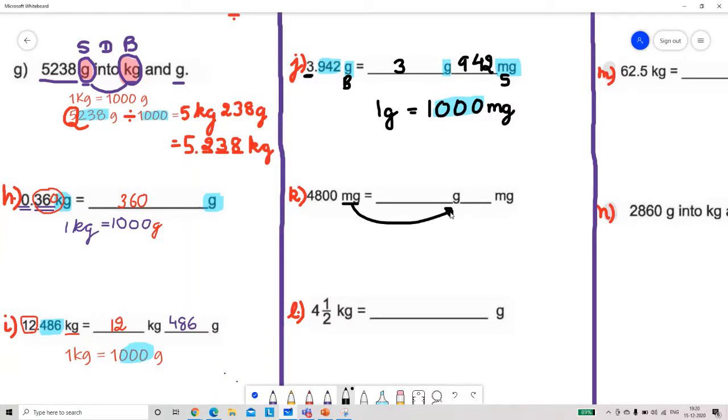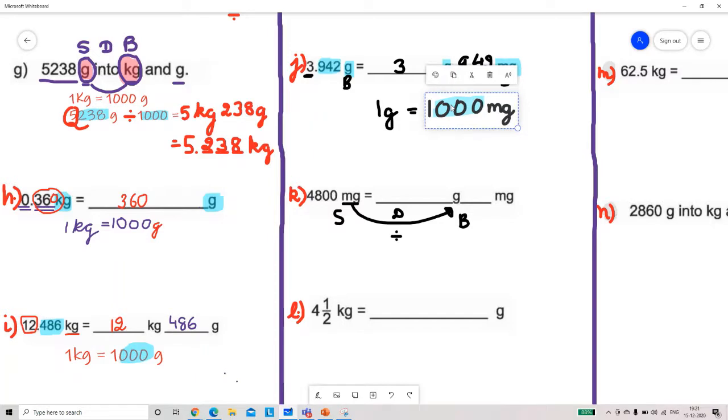Okay. In the next question, you have to convert milligram to gram. So that means you are moving from small to big. So Sadabahar, Sehgal Deepti Batra. So what will it be? D means divide. That means you have to divide. Divide by what? Divide by the relationship. So what is the relationship between grams and milligrams? 1 gram is equal to 1000 milligrams.